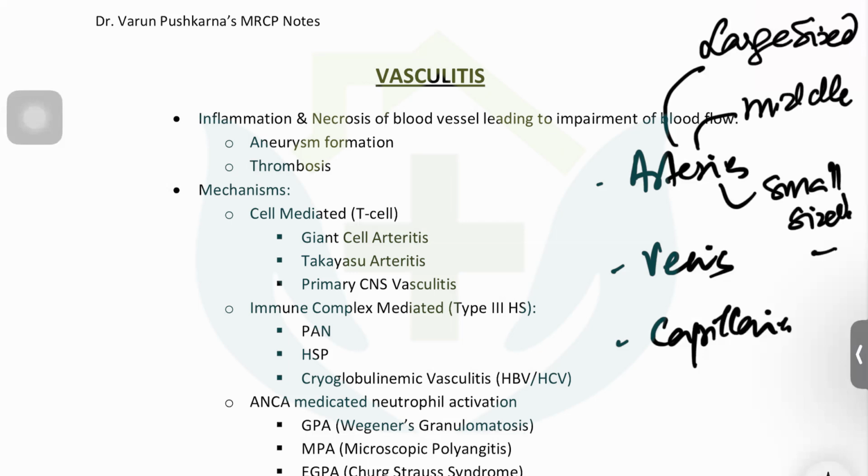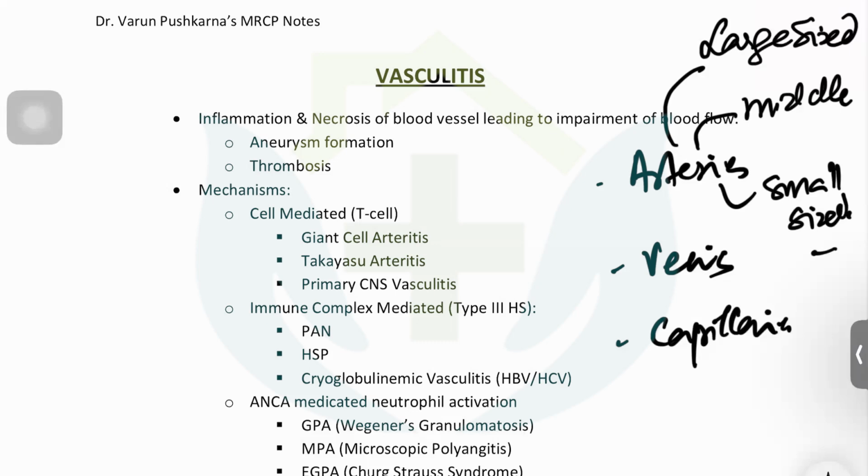So the point of intrigue is that these conditions can actually be clubbed into a size variability dependent disease process. That means in certain patients, it is only the large arteries which are involved. And in certain conditions, the large arteries will not be involved.